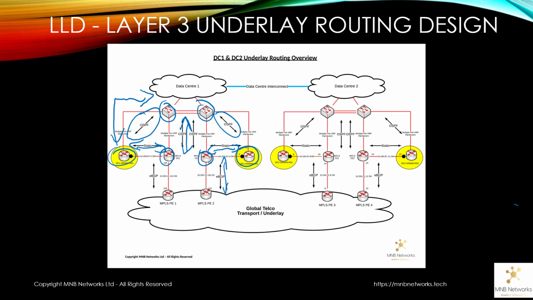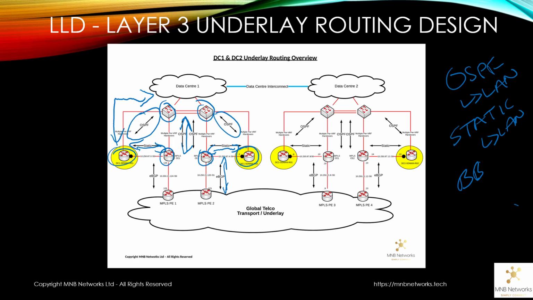So you see that we have a mixture of OSPF on the LAN, static on the LAN, and BGP on the WAN.